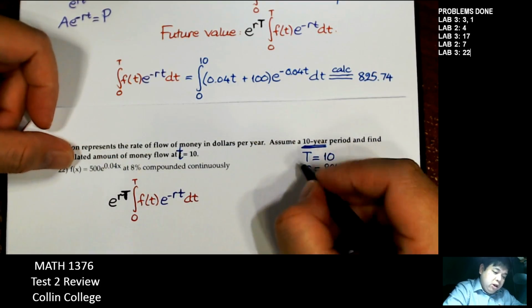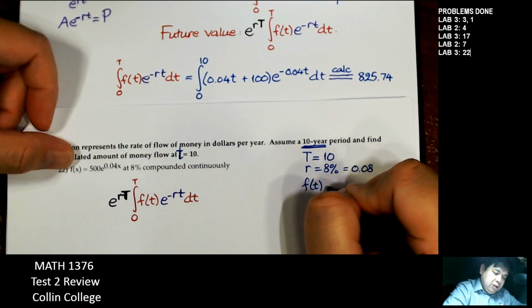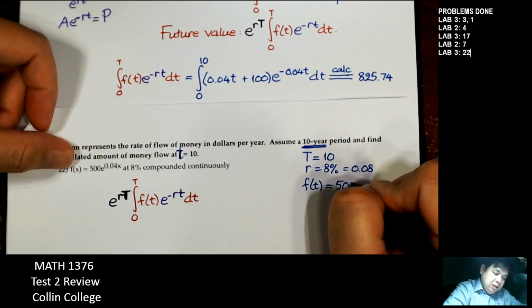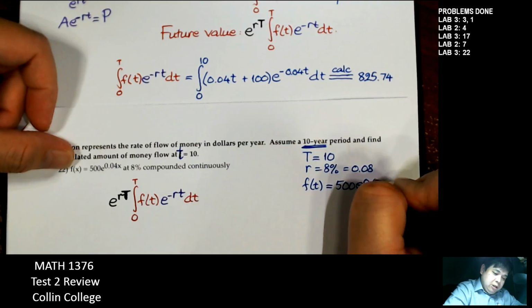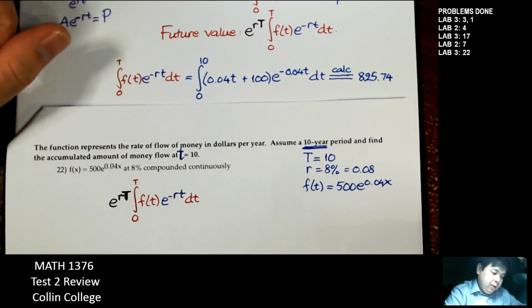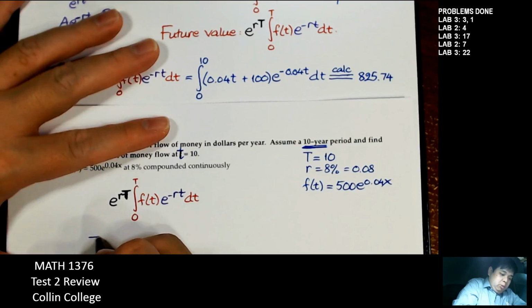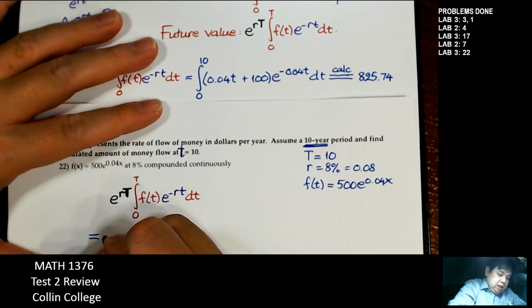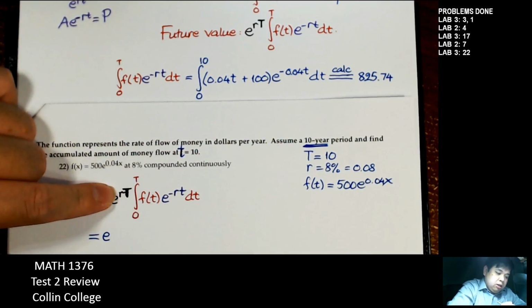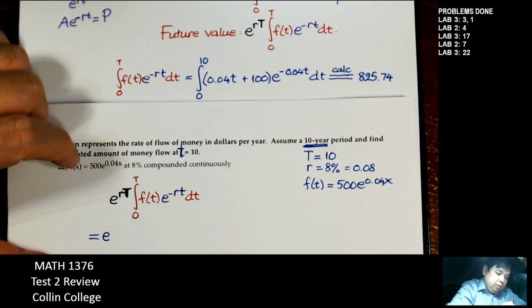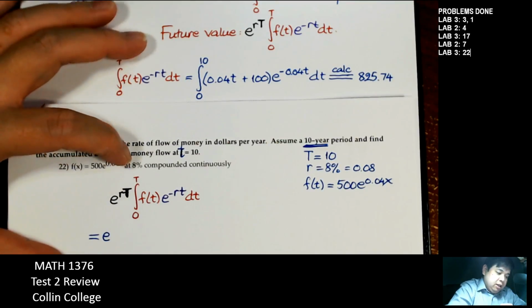And the flow function. Put this together, we will have e to the r percent.